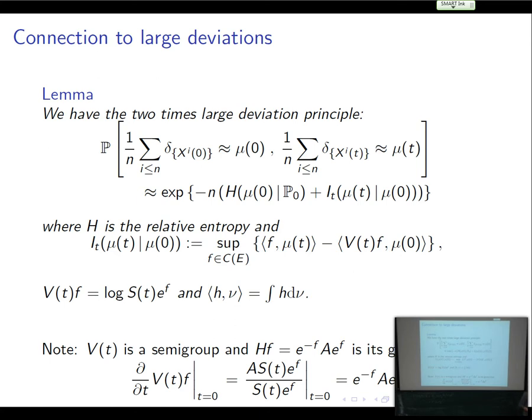That's the generator of this nonlinear semigroup, and we're going to use this semigroup to study the large deviations. Something I already want to mention: you see here that the conditional large deviations are given by the Legendre transform of the semigroup. So also the Legendre transform of H should have some important role.